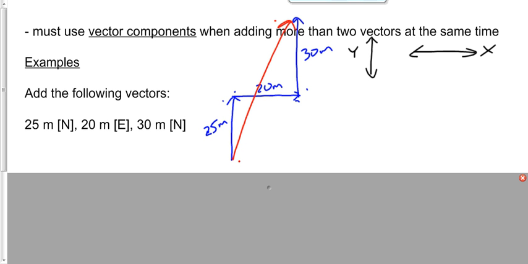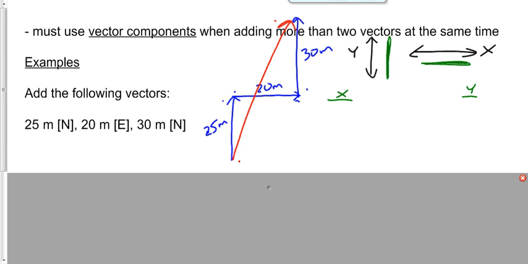Now listen carefully because this is what sets this one apart from the last three questions we just did. I want you to break it up into x components and y components. And remember, everything on this axis is x, everything on this axis is y. Let's take a look at each of these vectors here and see how much is x and how much is y.